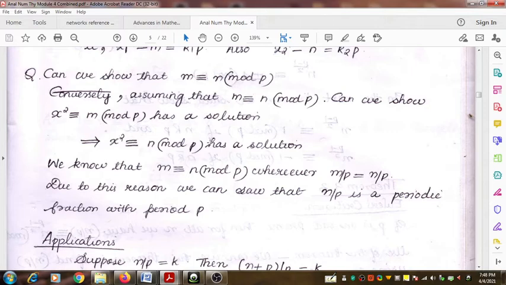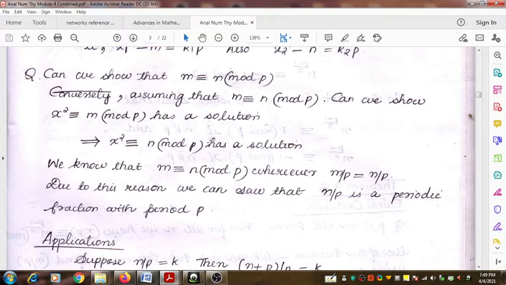That property tells us that the Legendre symbol function is periodic, with period p. We know that the Legendre symbol can take only three values: 0, +1, or -1.